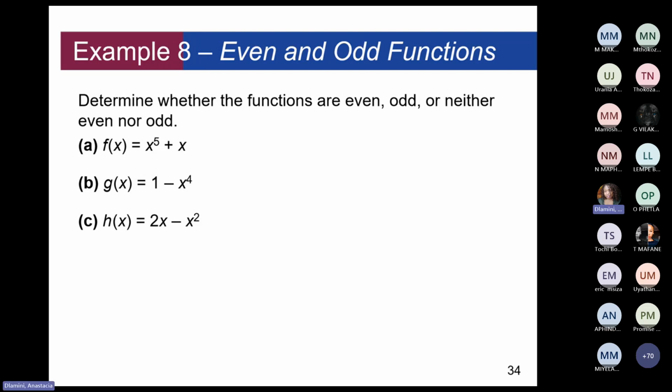By looking at the first function, do you think it will be even or odd? Odd, ma'am. Let's try it. f of minus x is equal to minus x to the power 5 plus minus x, so this equals minus x to the power 5 minus x. What do I do here?